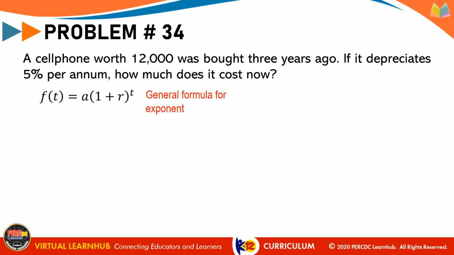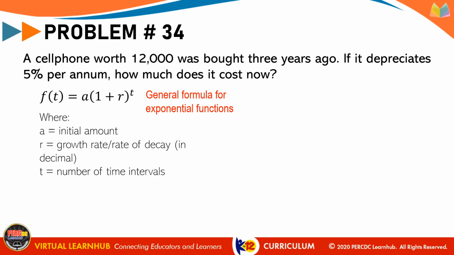So again, that is our general formula for exponential functions, where a is the initial amount, and r is the growth rate or rate of decay in decimal, and t is the number of time intervals. So based on our problem, our initial amount is 12,000. And our growth rate or rate of decay is negative 5%, or in decimal, that is negative 0.05.